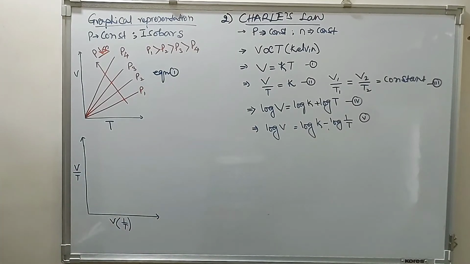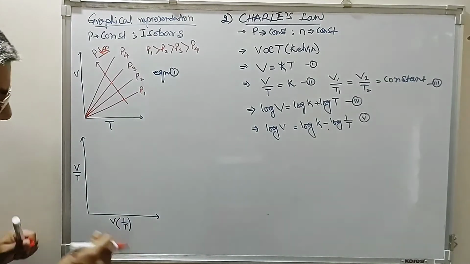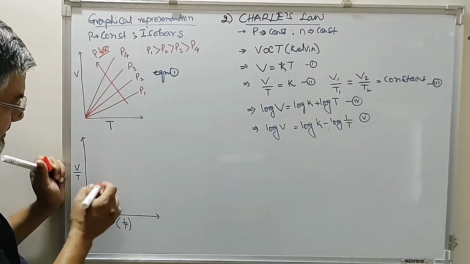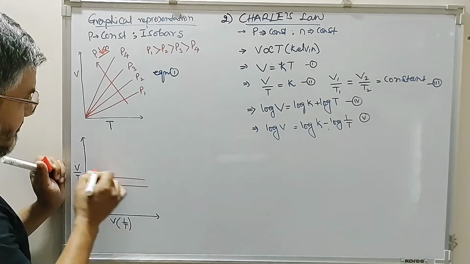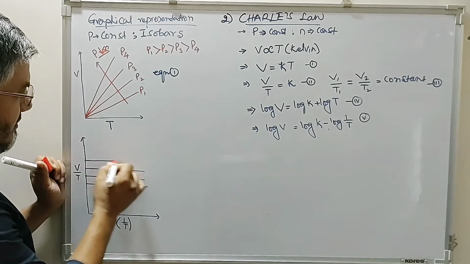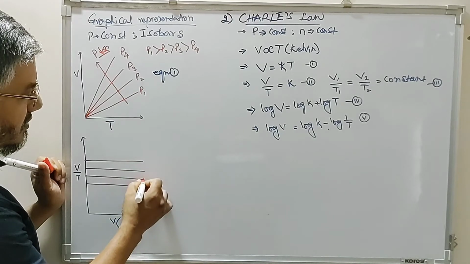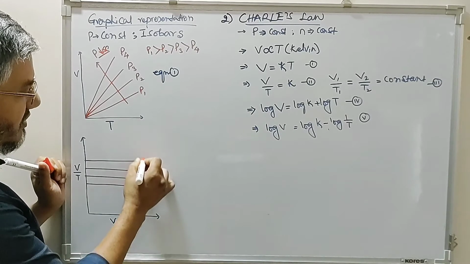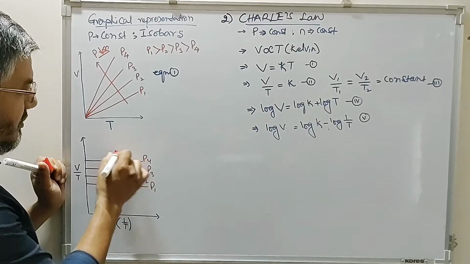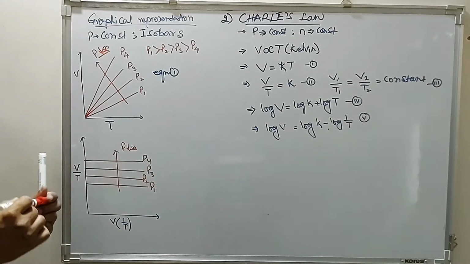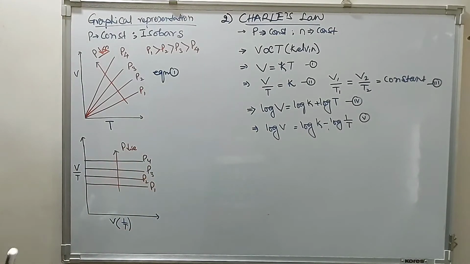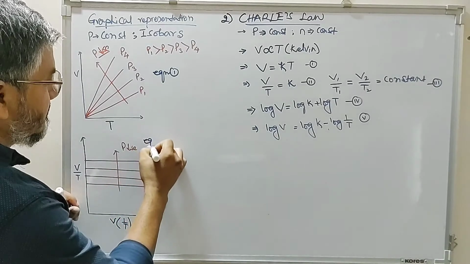So we have a graph which runs parallel to the x-axis, but at different pressures we will have P1, P2, P3, P4. Moving from P1 to P4, pressure again decreases. So this represents equation 3.